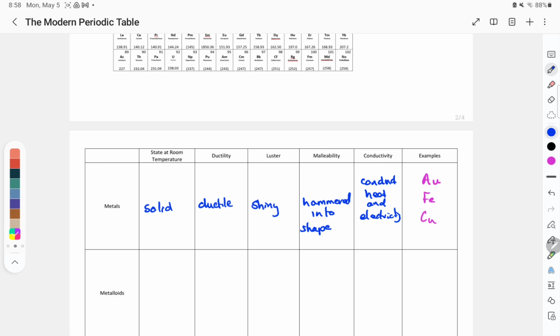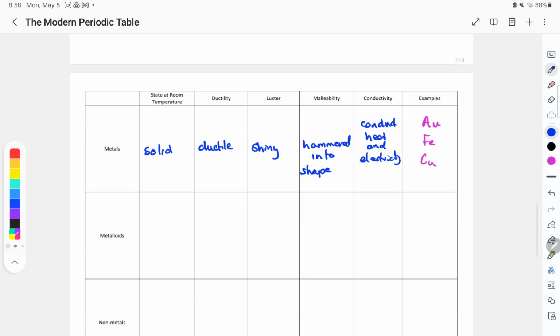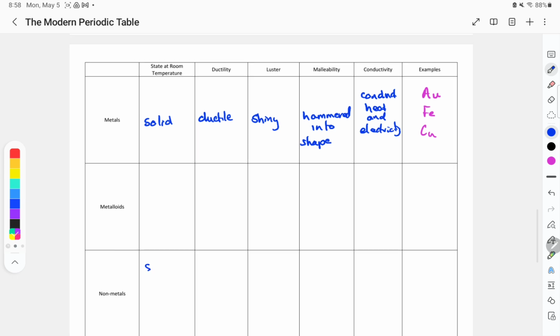Then our nonmetals can be solids, liquids, or even gases at room temperature. If they were a solid and we hit them with a hammer, they'd shatter, so they're brittle. They're dull in color as a solid. They are not malleable. Oh, sorry, brittle goes under malleability.